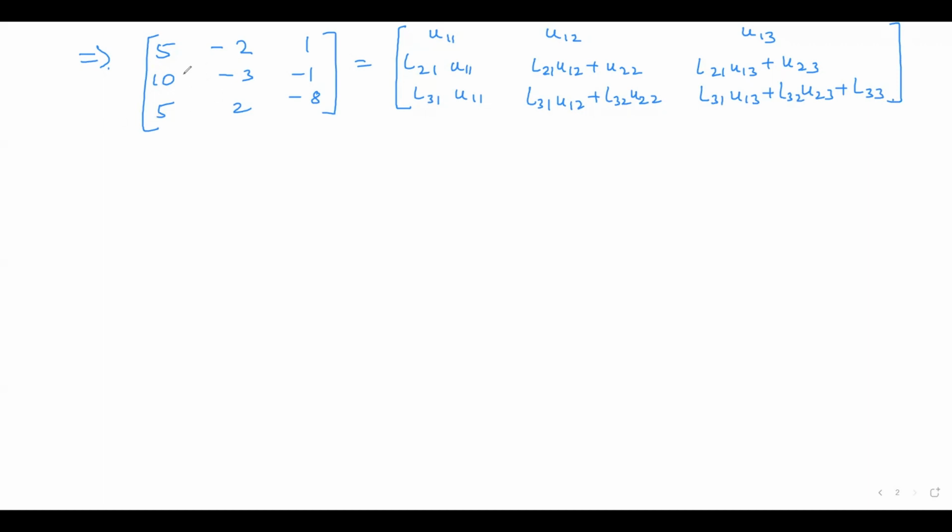As these two matrices are equal, on comparing we get the values: U11 equal to 5, U12 equal to minus 2, U13 equal to 1. This is very easy.